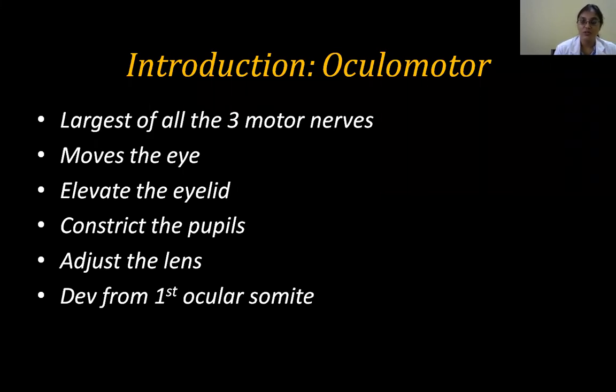So I've already told you the nucleus of origin is if the motor nerve is arising from it. Obviously that nucleus has the cell bodies of a neuron, right? So that will be the nucleus of origin. Supposing you're talking of a sensory nucleus, that sensory nucleus is a collection of cell bodies within your CNS. There'll be an axon coming from the periphery and reaching up to the CNS, and that will relay there.